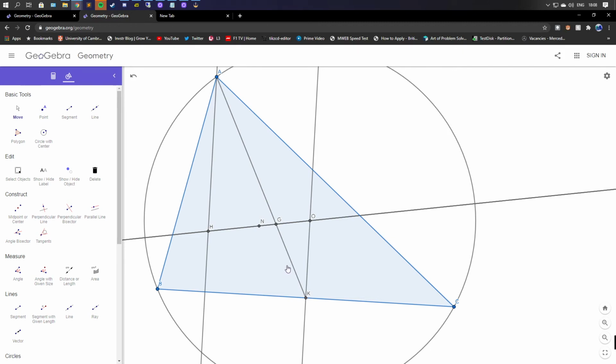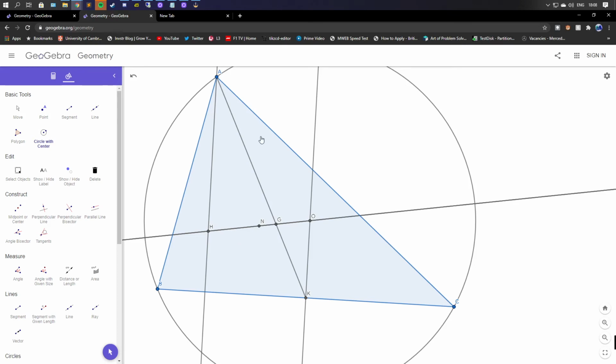So let us consider a bunch of ratios, and let's take a look at what they are. In particular, let us look at OK over AH.